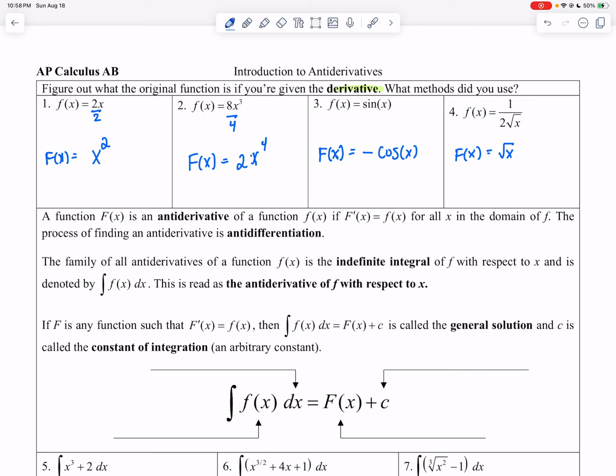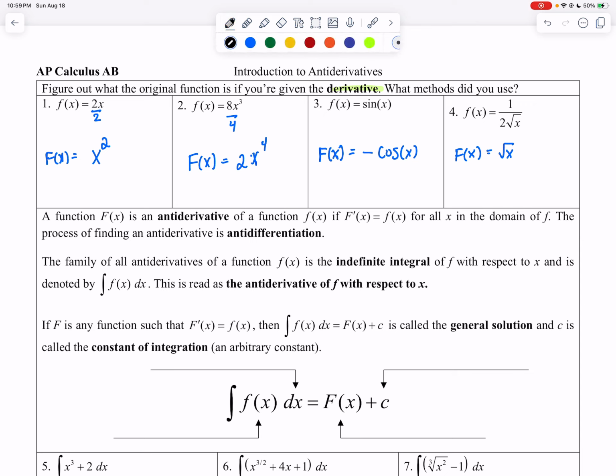Now, I'm going to give you a hint that for number 1, 2, 3, and 4, these aren't my only functions that give me a derivative of 2x or 8x to the 3rd or sine of x or 1 over 2 root x.